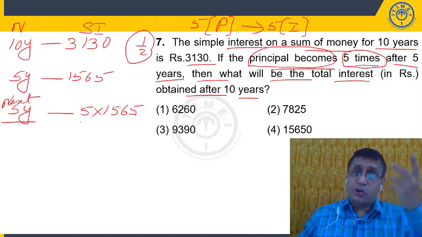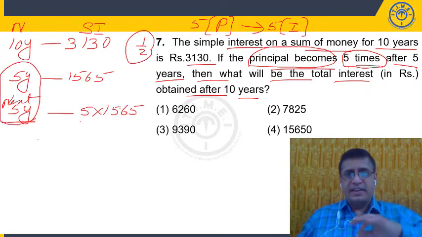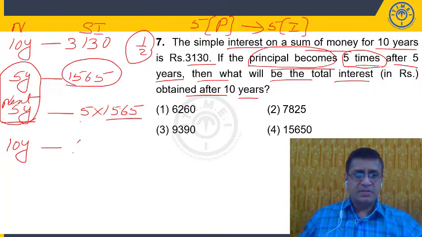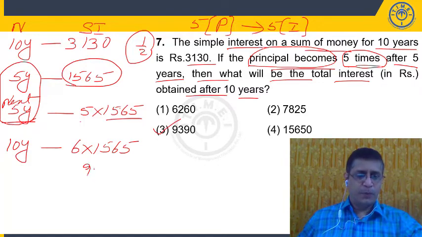So, what is the interest for the total 10 years? The first 5 years and the next 5 years make the total 10 years. So 5 times of 1565 plus one more time means 6 times of 1565. Yes, my dear students, please multiply this. You will get the answer. So what is the result here? The result is 9390.